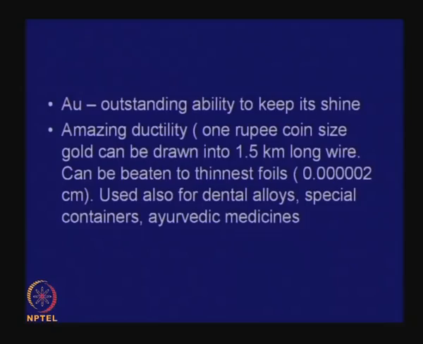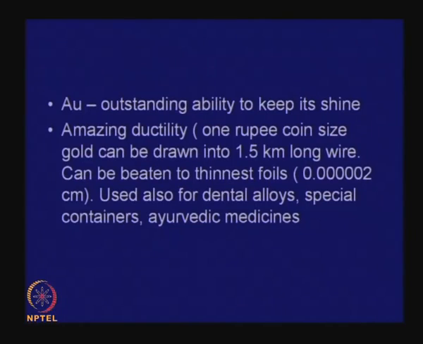Of course, it has utility, not that it has no utility. It has an outstanding ability to keep its shine. This is what attracted mankind to gold, that a piece of gold remains shining forever. It is a symbol of eternity, and when it shines on a body, the body looks so much more handsome and beautiful.